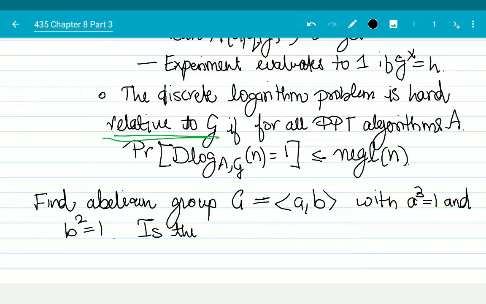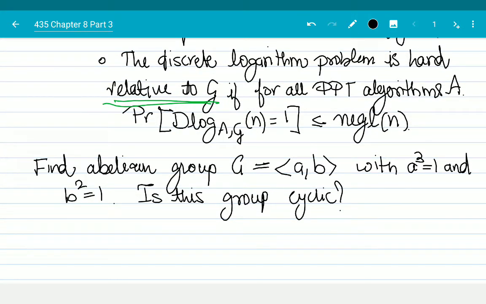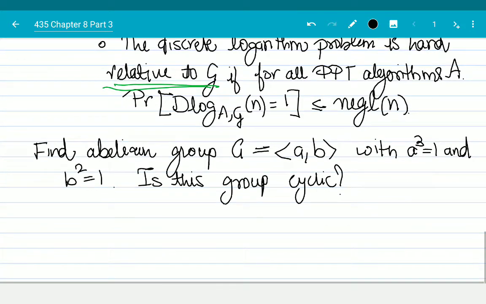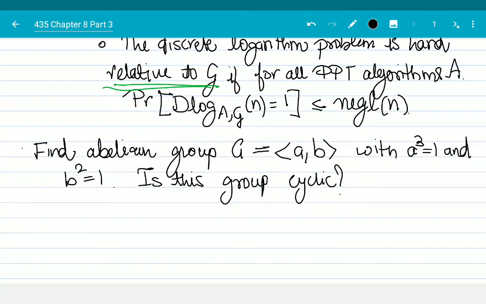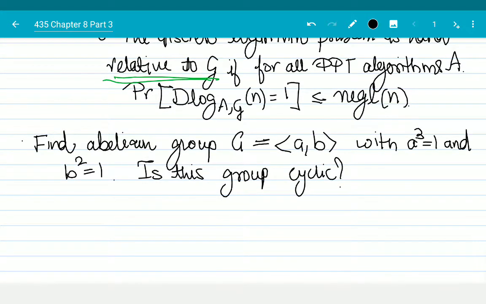Is this group cyclic? It was hard for you guys to find the group and find whether it's cyclic. But if I had given the same group in another fashion, it would have been extremely easy to see if it's cyclic or not.